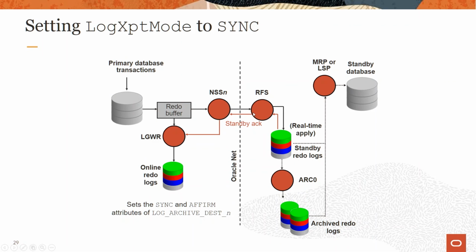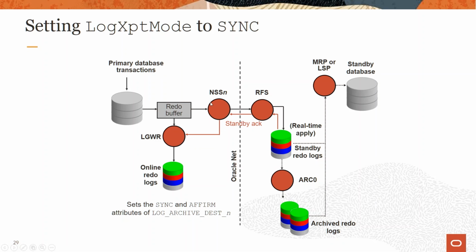And the synchronous redo transport service is to achieve zero data loss. In order to complete a commit statement in the primary database, log writer must write redo for the committed transaction to disk, and also the redo transport service background process, called network sync server, must transport redo to the RFS process synchronously over the network.